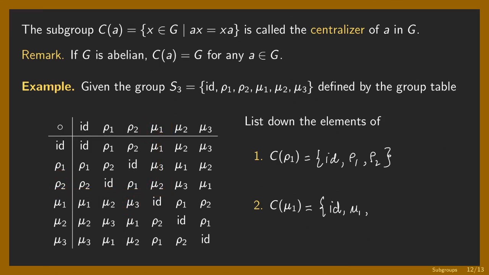So, no. How about mu2? Does this commute with mu1? Mu2, mu1. So, the product is row 2. Reflect along the main diagonal. Ito, row 1. No. So, no. Mu3. As you can see, mu3 will also not commute with mu1, and therefore the centralizer of mu1 only has 2 elements. So this is a subgroup of order 2. Okay.